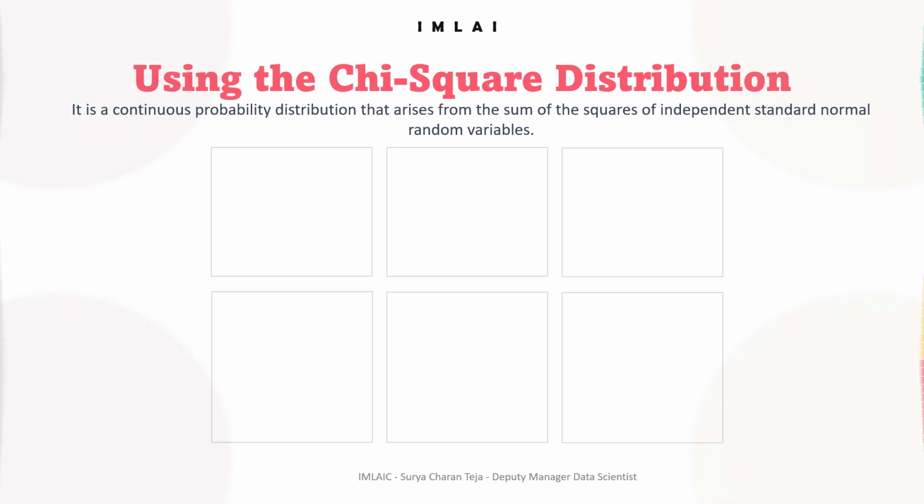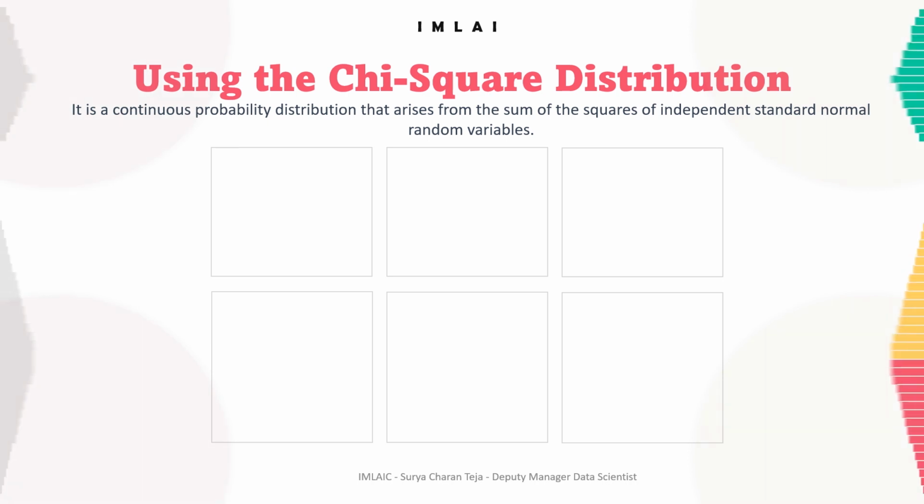So the chi-square distribution is a probability distribution that is commonly used in statistical inference, hypothesis testing, and machine learning. These are three important categories where we use it. It's a continuous probability distribution that arises from the sum of squares of independent standard normal random variables.